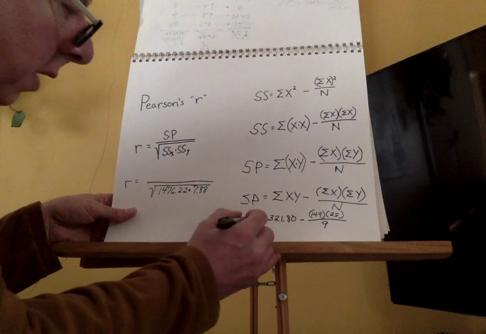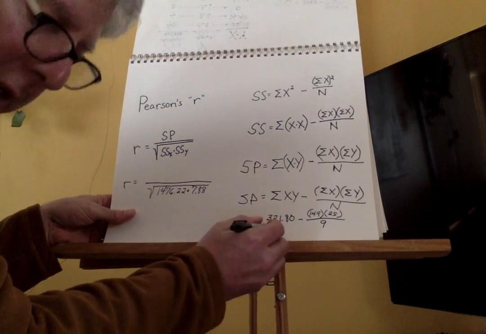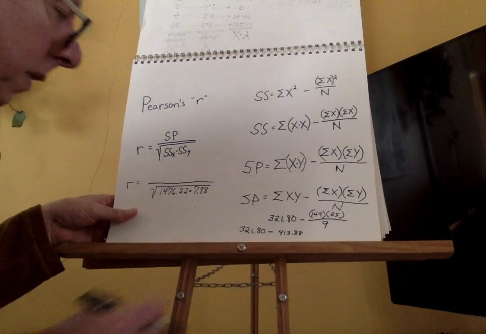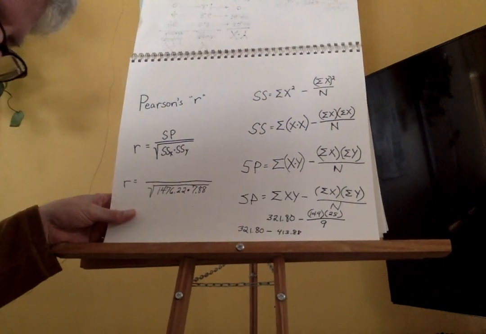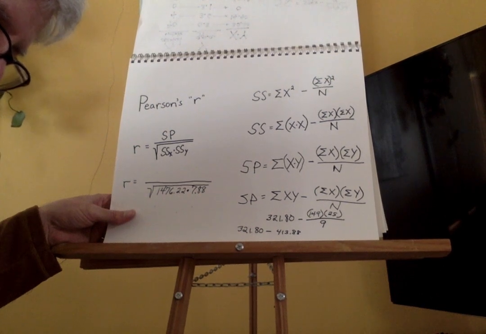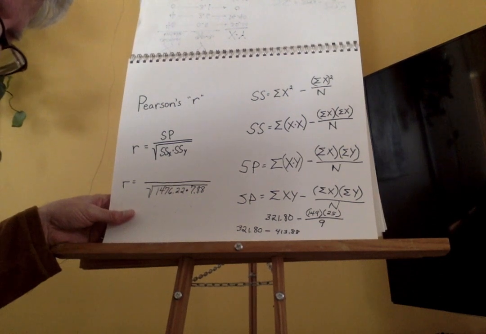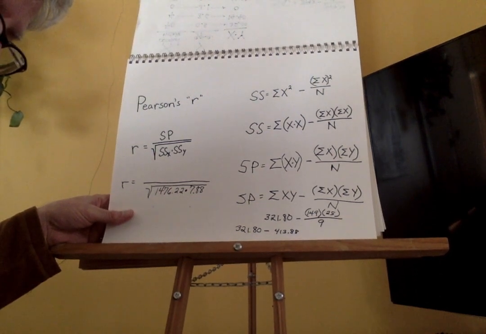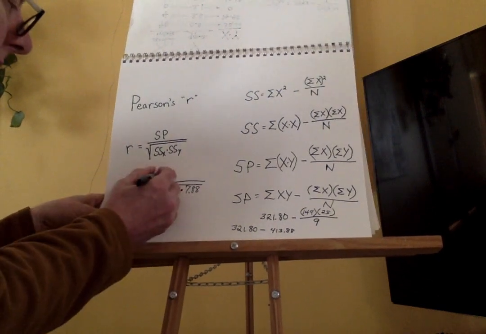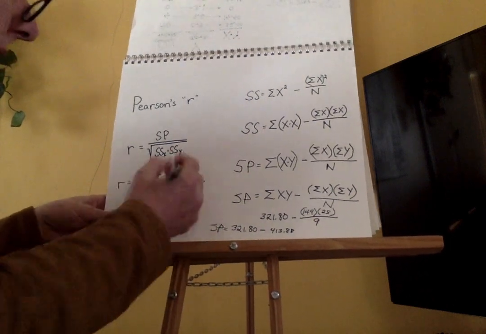So this is 321.8 minus 413.88. So that's, this is my sum of products, minus 92.08.